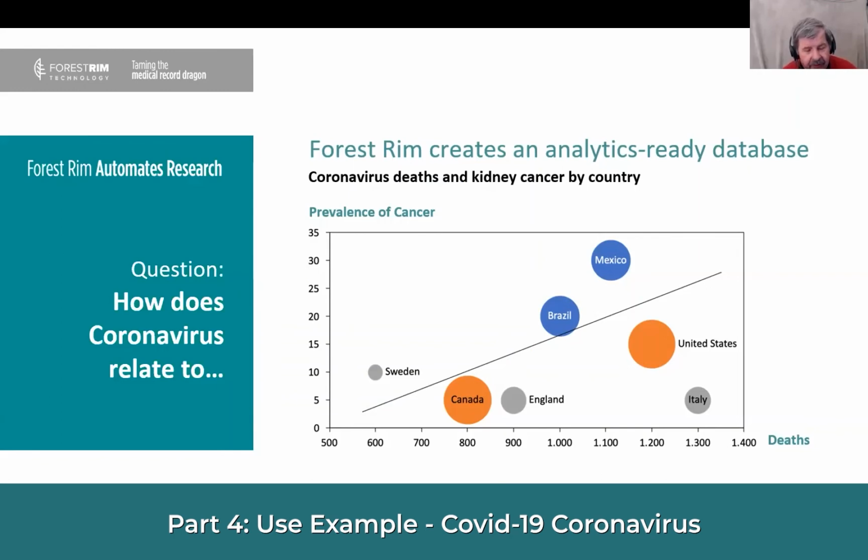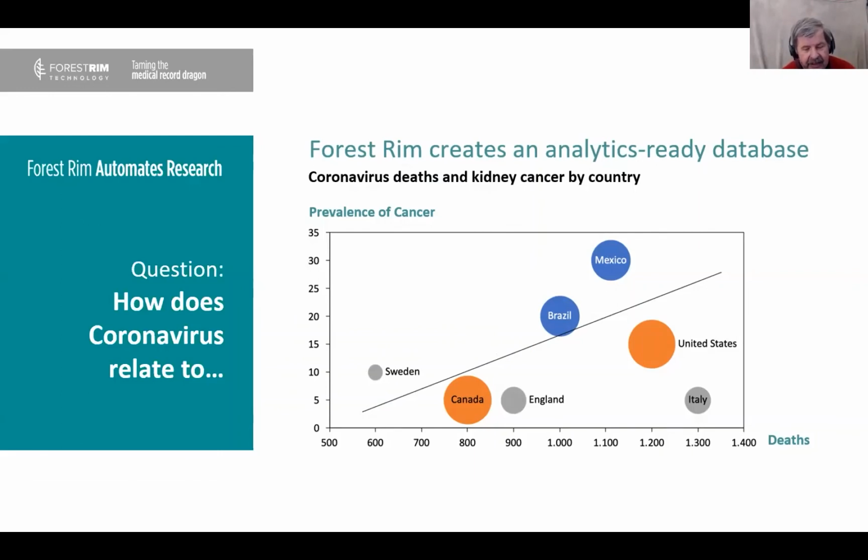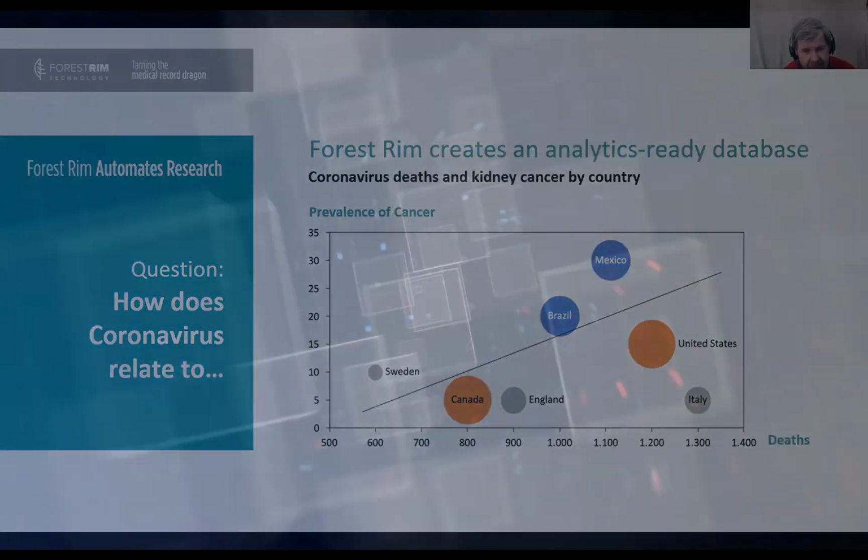There's a wealth of information that's sitting there hiding from you in your medical records. And once you've created your database, once you have put it into a form, it can be analyzed. You can start to unlock all of these kinds of things that I'm suggesting.